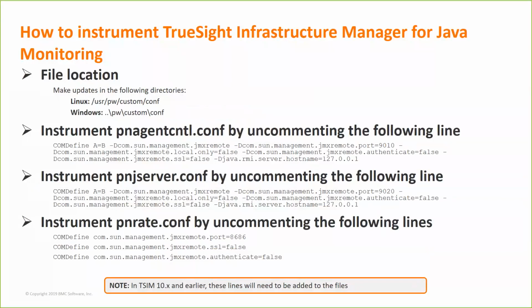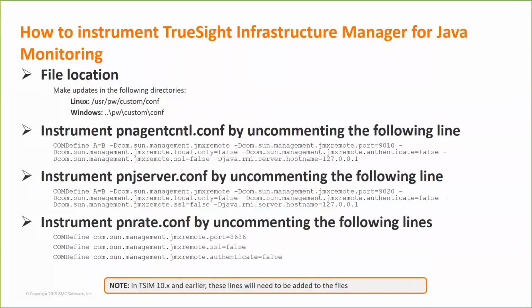If you read through this line a little bit further, you will see that local only is false, which means that I can allow for remote connects. After that, you see the JMX remote authenticate. We have it false, meaning that it's not going to require a password to connect. The SSL is false.